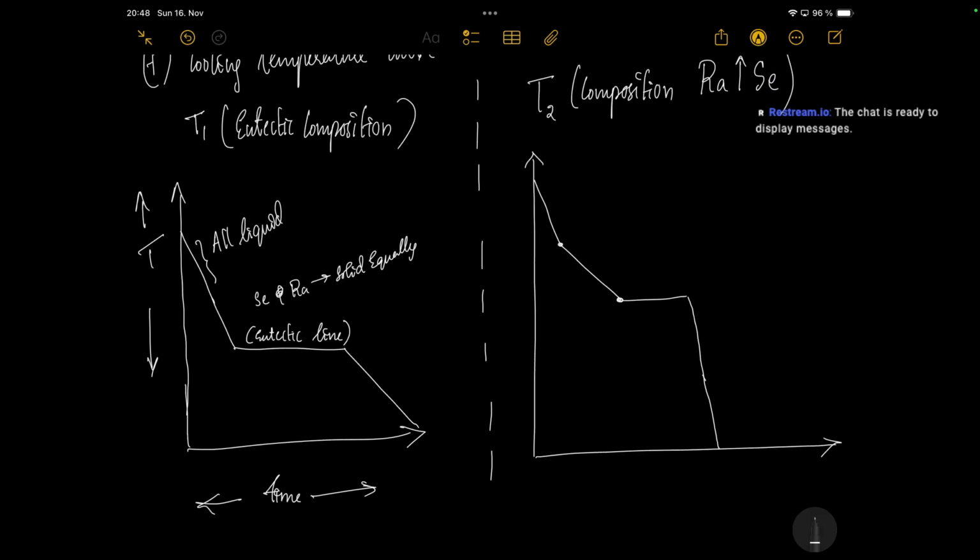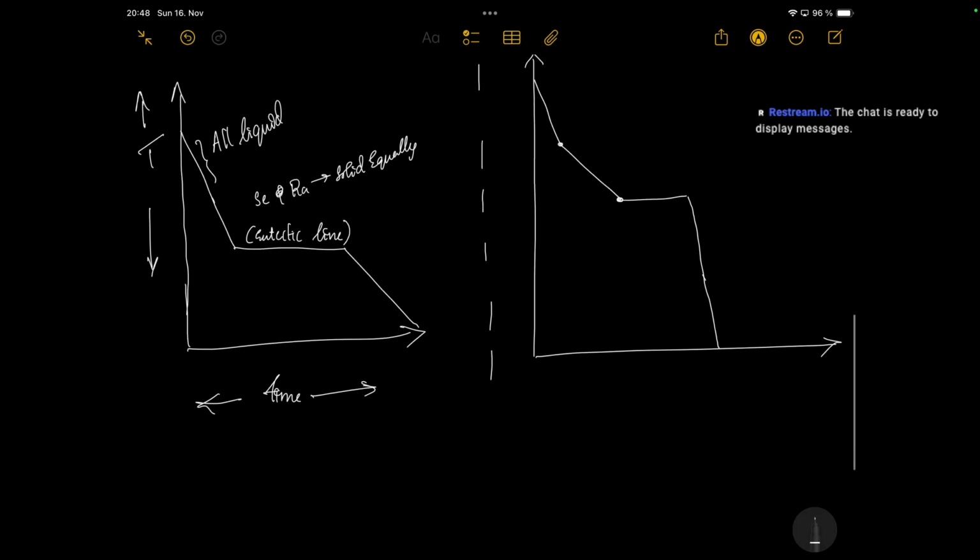Because during the process of changing from liquid to solid, there is a release in heat. Thus, during that process where selenium and radium converge to solid while having a little bit of liquid, the temperature is gonna stay the same. That's why at the eutectic line the temperature stays the same.